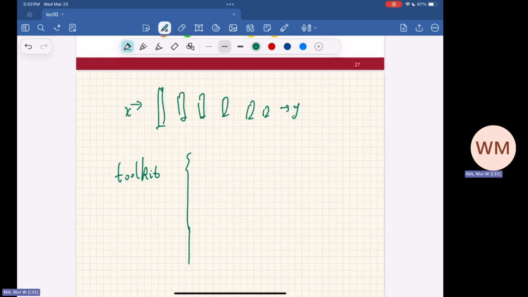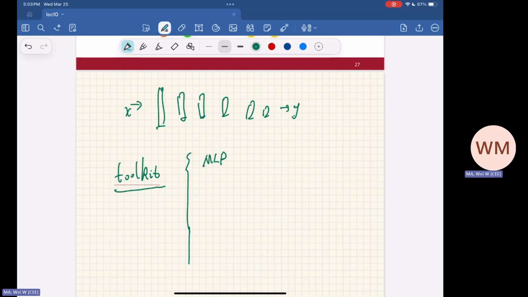So if you want to do a lot of deep learning research, the first thing you need to do is enrich your toolkit. That means you need to know as many layers as possible that you can use in your neural network. For example, we just talked about MLP.